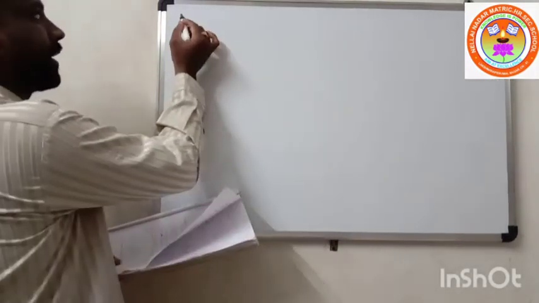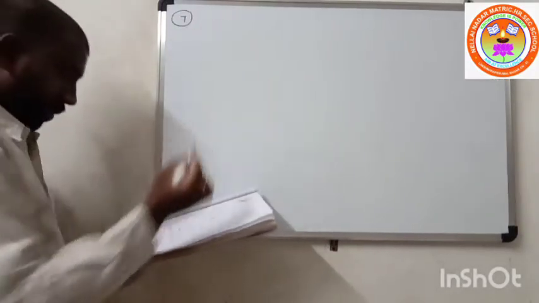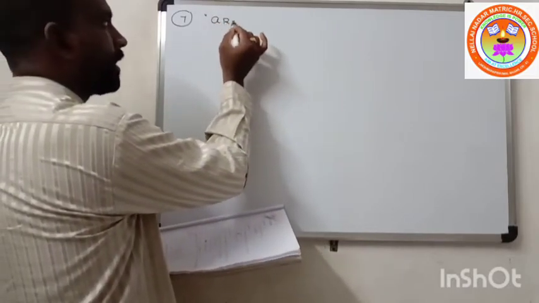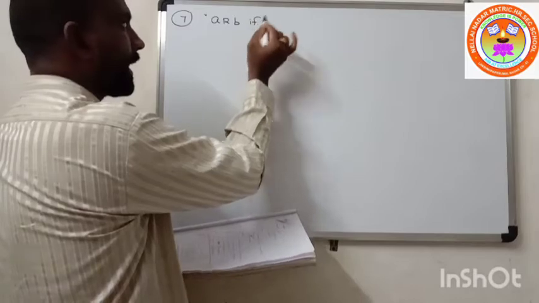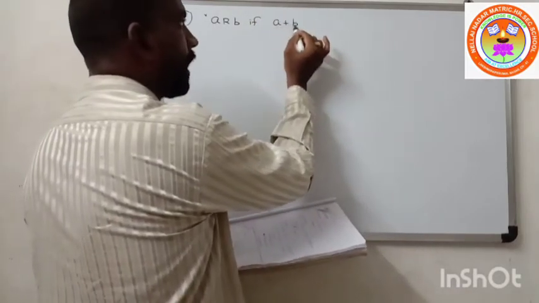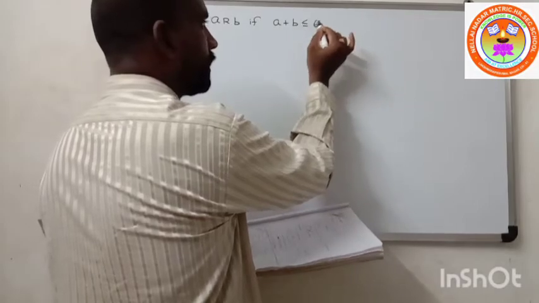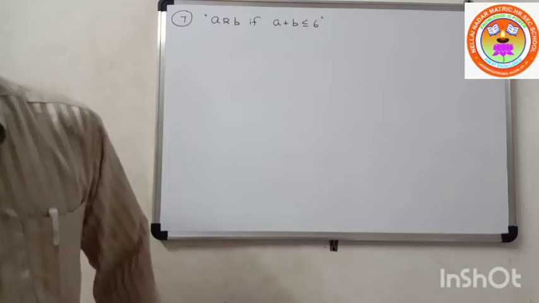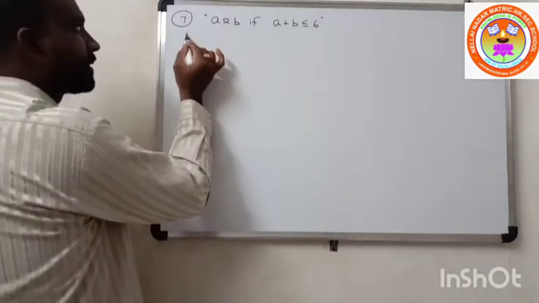Now I am going to the seventh one. A related B if A plus B less than or equal to 6. First one, write down the pairs.